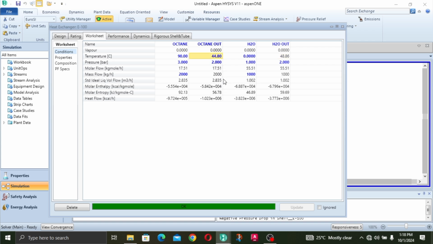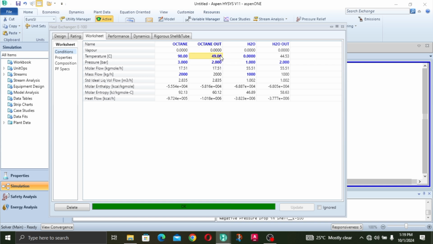But remember, this is a shell and tube heat exchanger, and we are currently having a temperature cross, but it's very minimal, so ASPEN HYSYS is not able to trace that. So let's just fix that up. Let's say we have 45 instead. Yeah, with 45, we're still having a temperature cross. Let's say 49. Alright, no temperature crossing at 49.